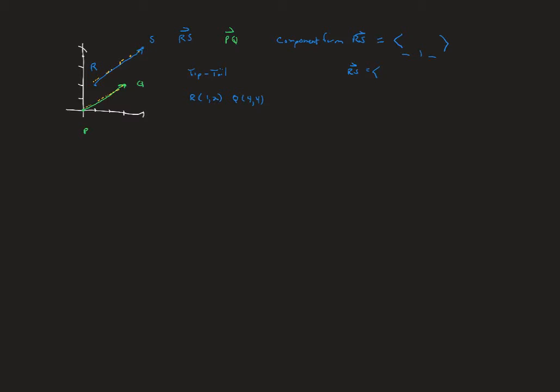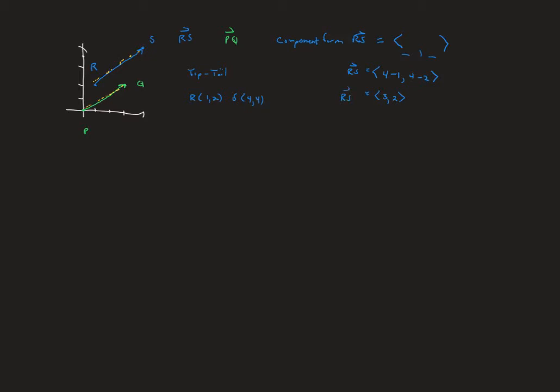That is, we take the X component, or horizontal component, of S. I called that Q, it should be an S, sorry about that. Let me try that again. Then we're going to go 4 minus the 1, and then we'll take the 4, that's the Y coordinate of S, minus 2, the Y coordinate of R, and so that becomes <3, 2>. So that's the component form of vector RS.